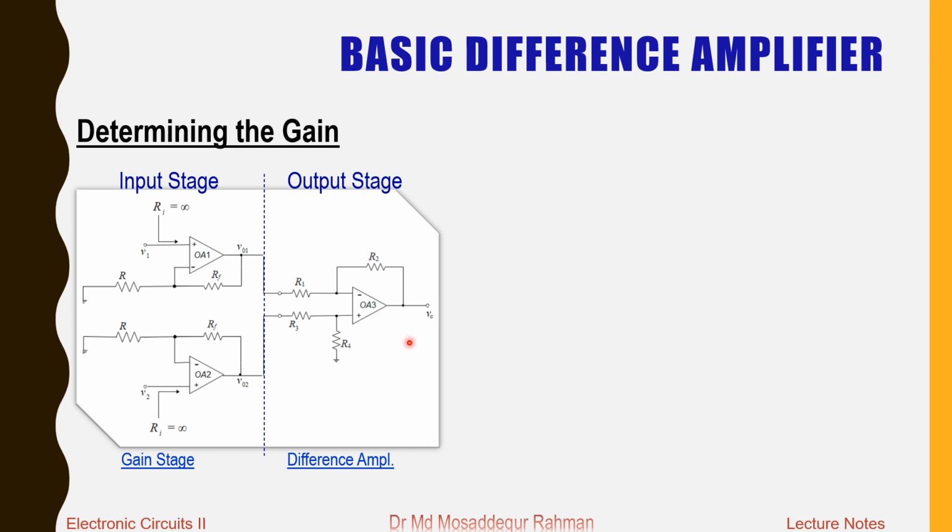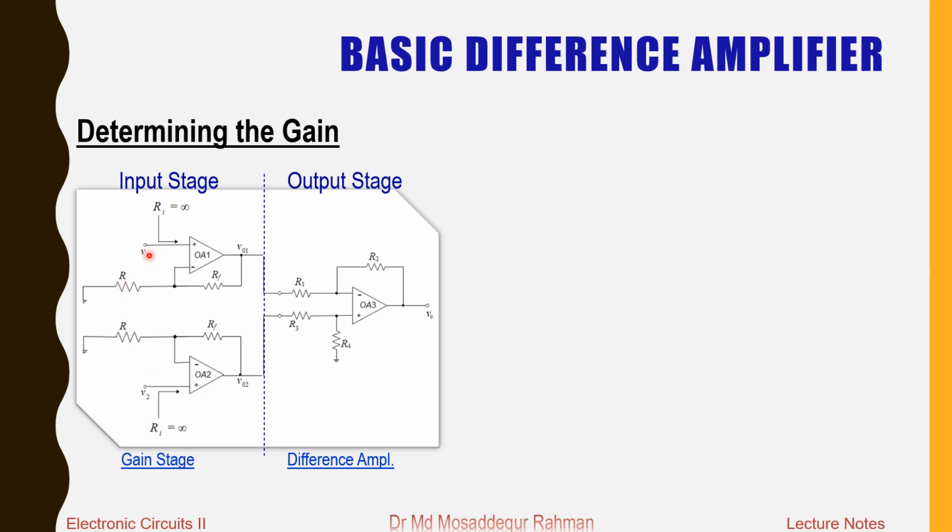The overall gain, as we have shown in our previous diagram, we can express as the product of the two gains. One is the gain of the basic difference amplifier, the other is the gain of the gain stage. The gain of the basic difference amplifier is already known to us, that is R2 by R1.